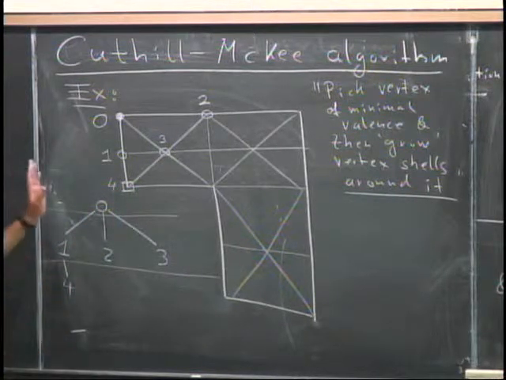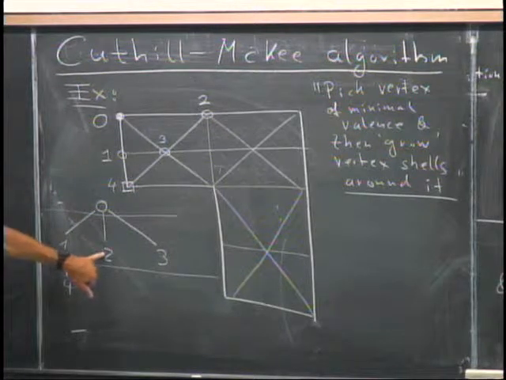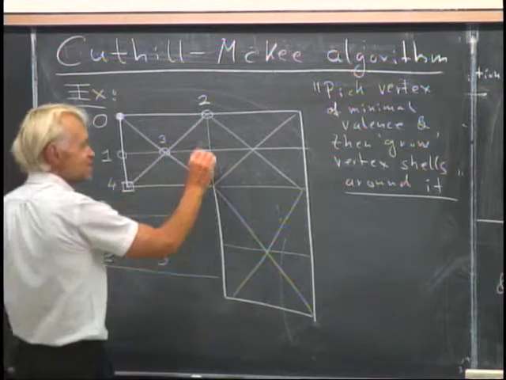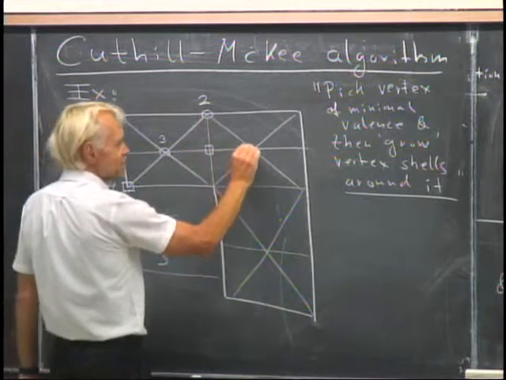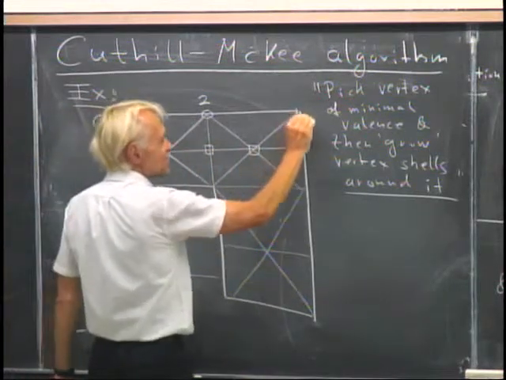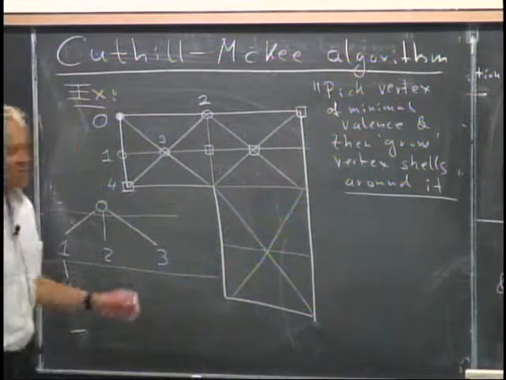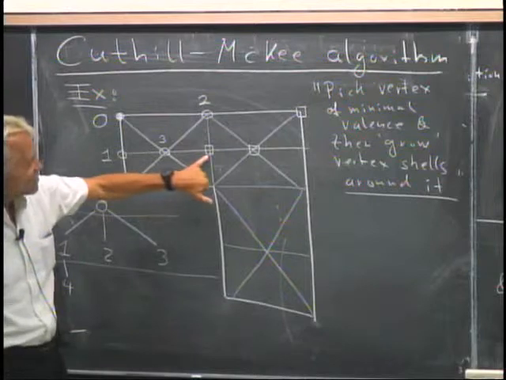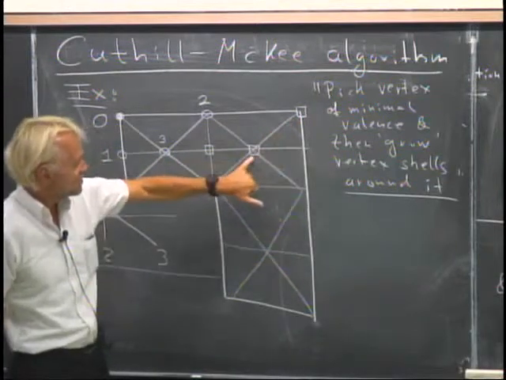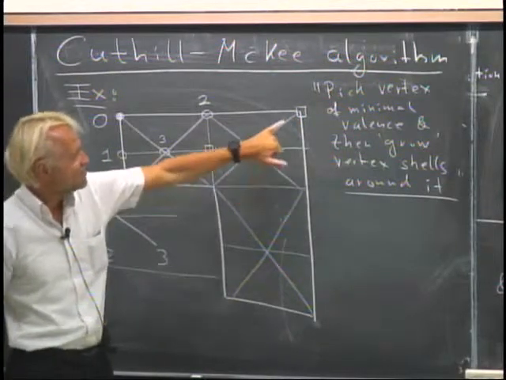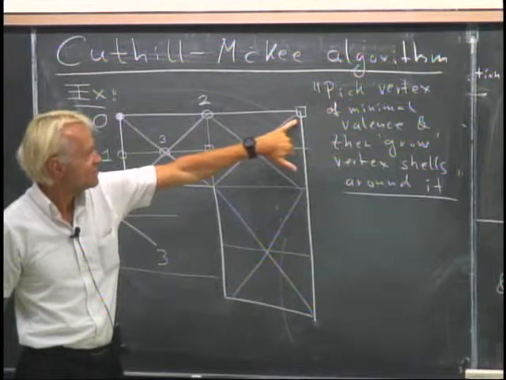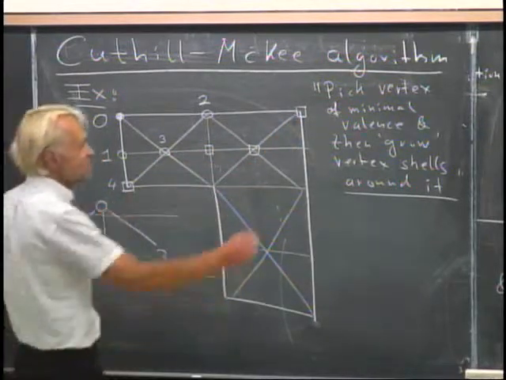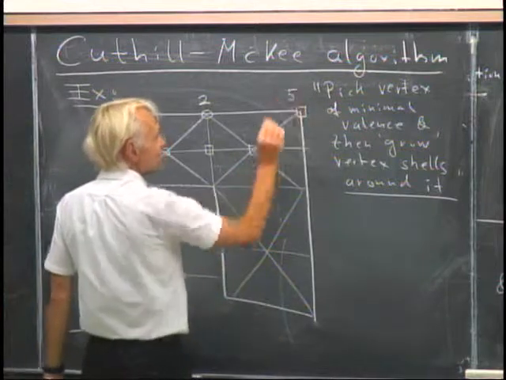The next one is vertex 2, which has still unnamed neighbors, namely these guys, this one, and this one. And they will be numbered in increasing valence. This is valence 4, valence 3, valence 6. 3 being the smallest valence makes that guy the next point. 4 was the last number, so this becomes number 5.